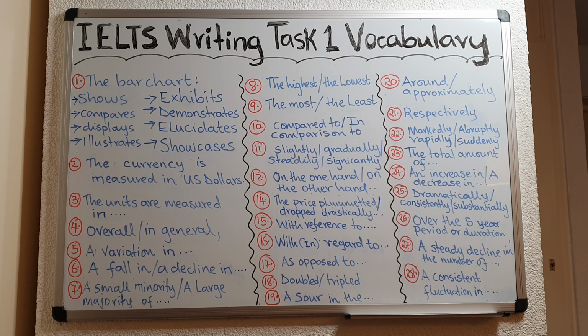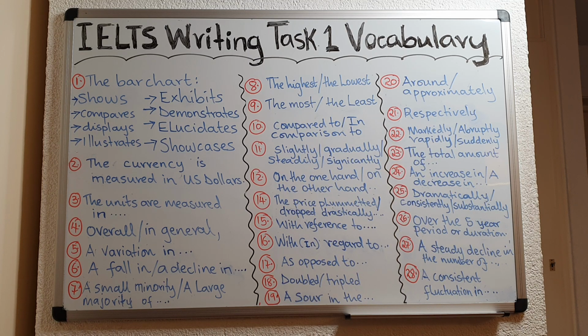So you use on the one hand and on the other hand when you want to contrast. There is a contrast, okay, when two things are opposite. Okay, on the one hand, majority of the people in the United States prefer to eat fast food, whereas on the other hand, in England, majority of the people prefer to eat fresh food.